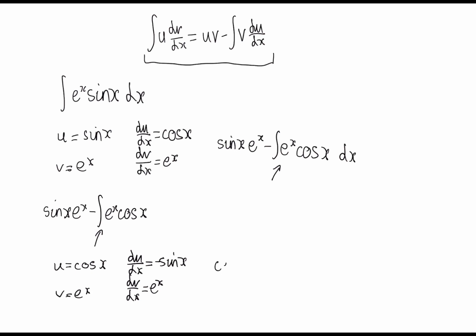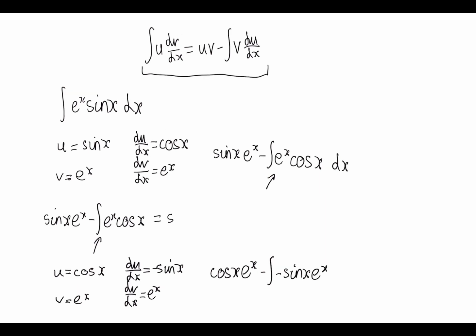We're going to get sin x e to the x minus the integral of e to the x cos x, which is this, cos x e to the x minus the integral, actually no, plus, because we have two minuses combining to make a plus, sin x e to the x.